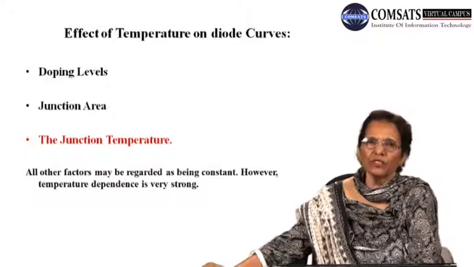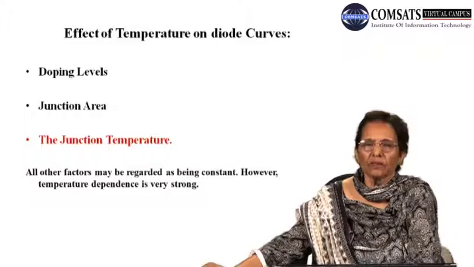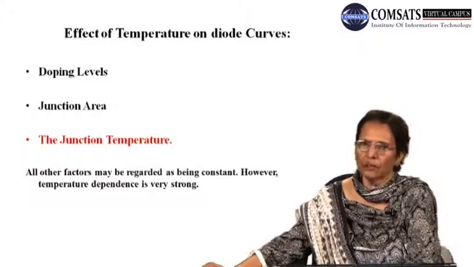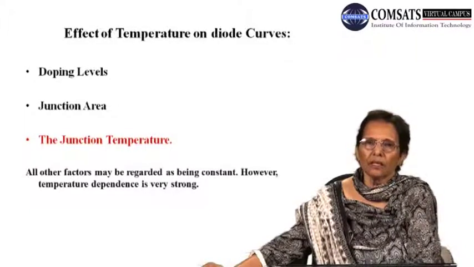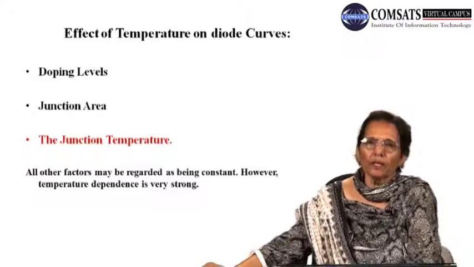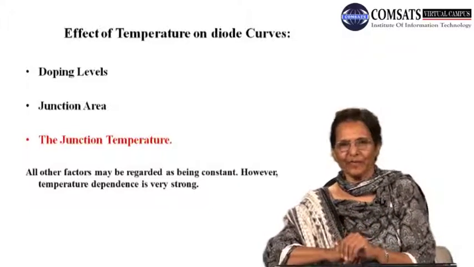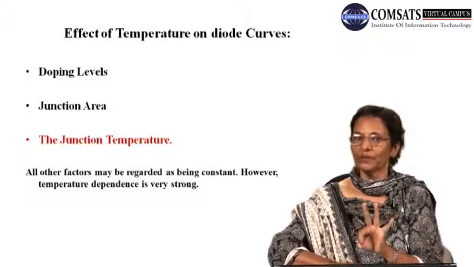The carrier concentration in the P and N region, and hence the built-in potential, and hence the amount of current that flows across the junction, are dependent upon three parameters. This is again a repetition for the nth time. What are those three parameters?